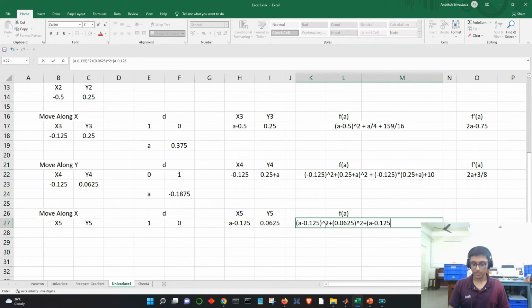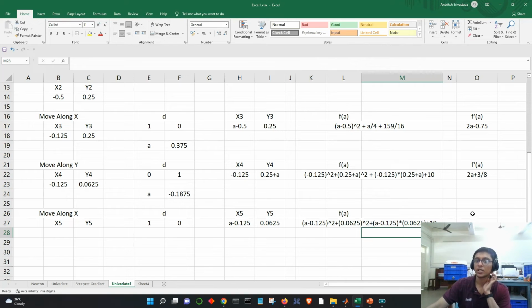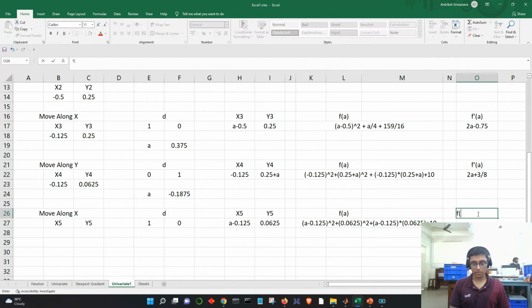It's pretty complex, I think, to simplify this, but we don't actually need to do that because we are not using the function value, or we are not following the classical step by step approach. We are directly calculating the f dash a. So let's see what is the f dash a for this particular problem.